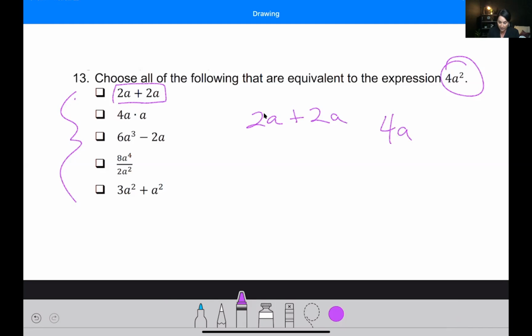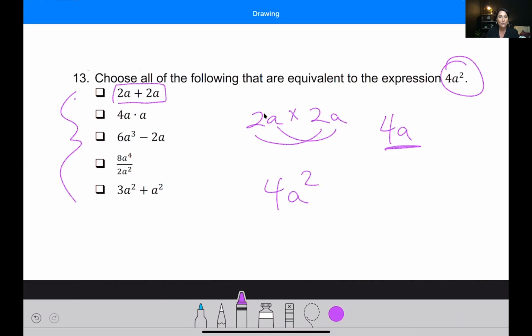I'm taking 2a and adding 2a and getting 4a, that's it, not 4a squared, okay? Now, if this was, let me erase this, if this was 2a times 2a, then that would be 2 times 2 is 4, and a times a is a squared.